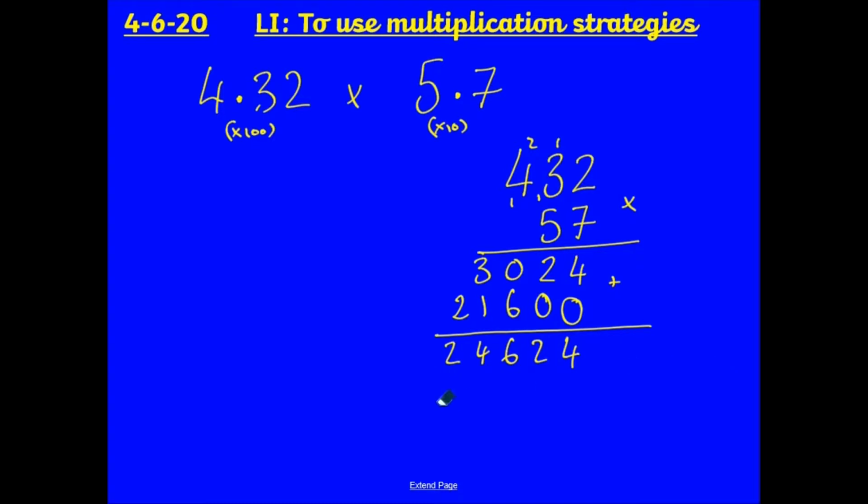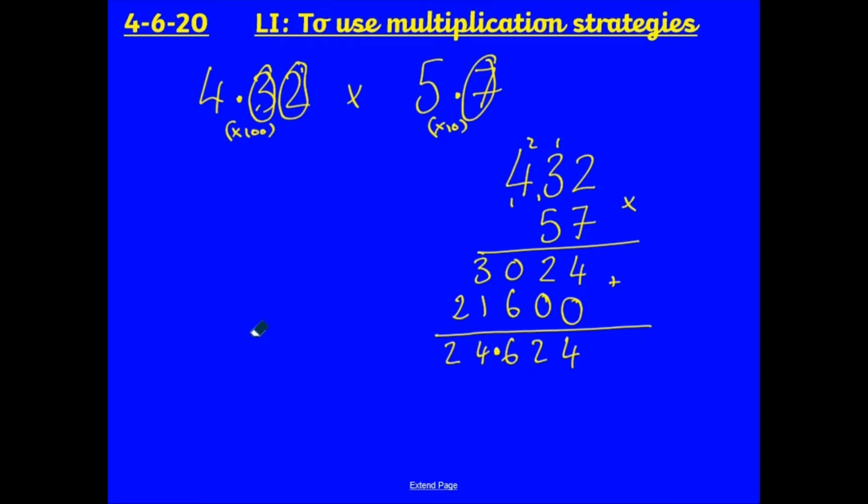Option number one is to count how many decimal places are after the decimal place. So I've got 1, 2, and 3.